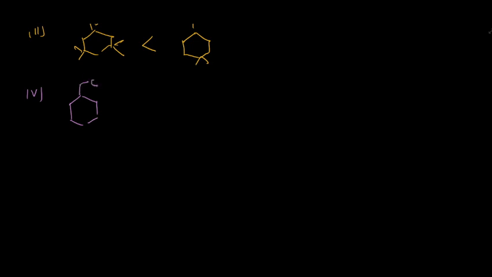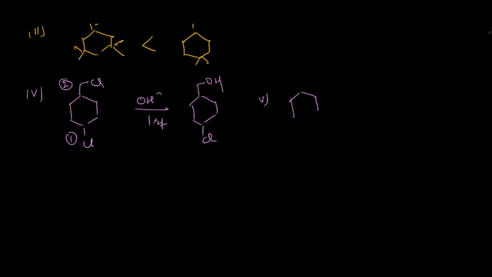The fourth question has Cl here and Cl here. If I name it second, where will the species attack? If we have one equivalent of OH minus, it will attack the second one because it has less steric crowding. Next, fifth, again we have one equivalent of OH minus.